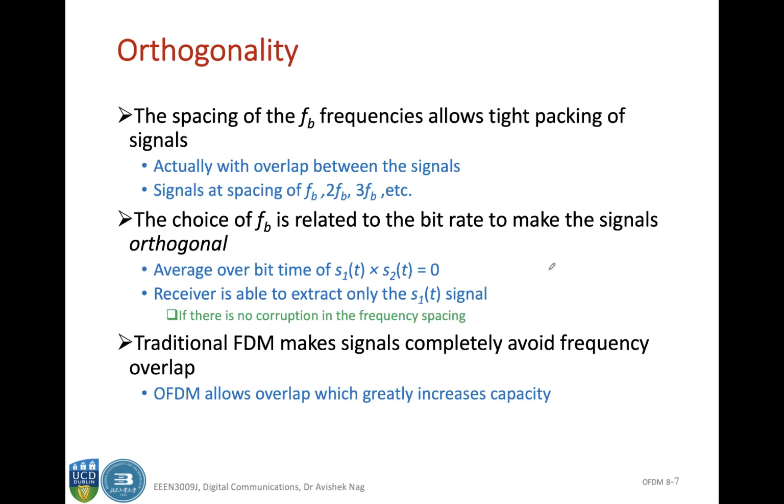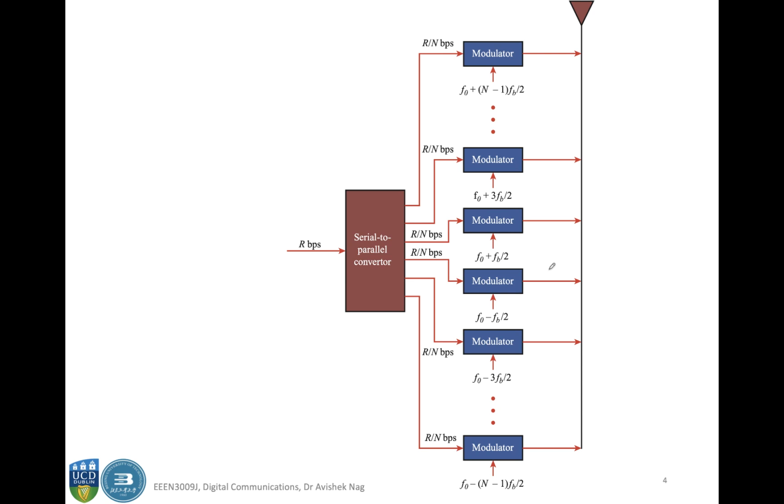So again, if you go back to one of the first few slides, here you can see that these FB are the spacings: FB by 2, 3FB by 2, and so on. So the adjacent carriers are FB apart. Between these two, this is 3FB by 2 and this is FB by 2, so this is FB apart.